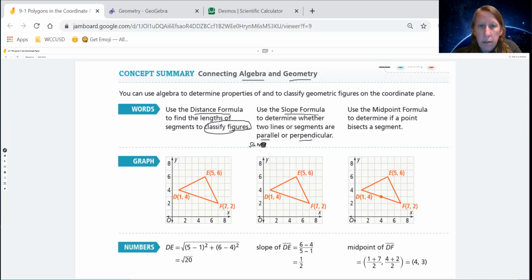And if it's perpendicular, the slopes are opposite and reciprocal. And we're not going to worry about the midpoint formula very much. The big idea is that you can apply formulas to these things. This is kind of annoying. This is 2 times the square root of 5.